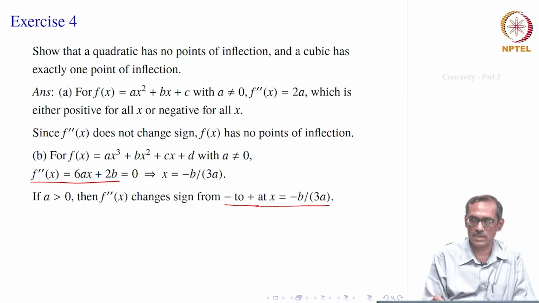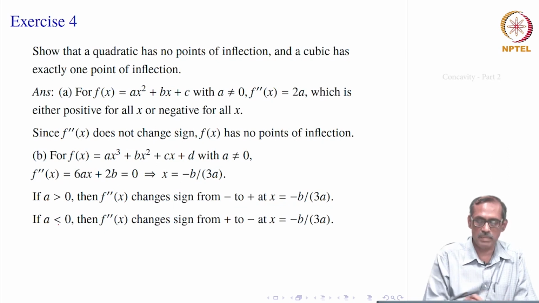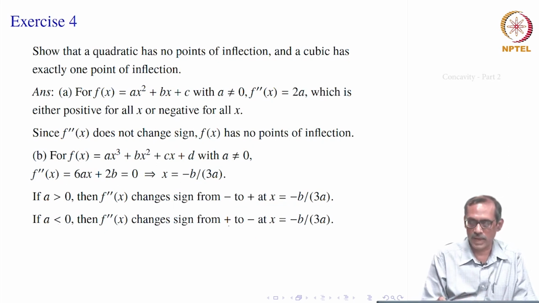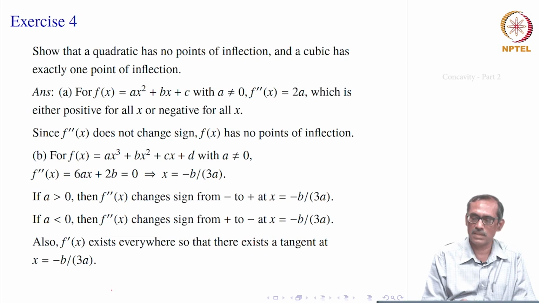So, f double prime of x changes sign from minus to plus, and there is a point of inflection at that point. Similarly, if a is less than 0, f double prime of x changes sign from positive to negative at x equal to minus b by 3a. So, in this case also it is a point of inflection. In any case, it has a point of inflection at minus b by 3a.